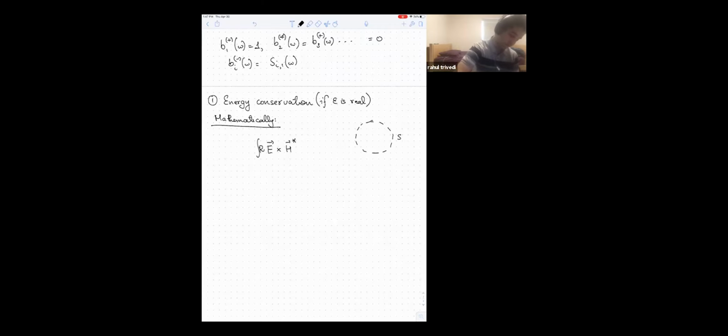Then this is going to be equal to 0 in the absence of sources inside the structure, which is what we are assuming, right? We are sending in waves in the waveguide, so we don't have any sources sitting inside the structure.